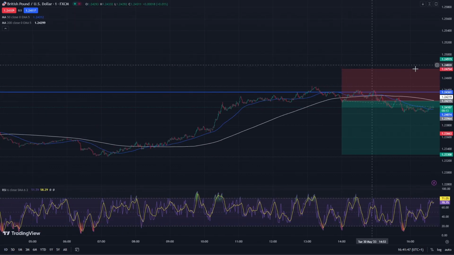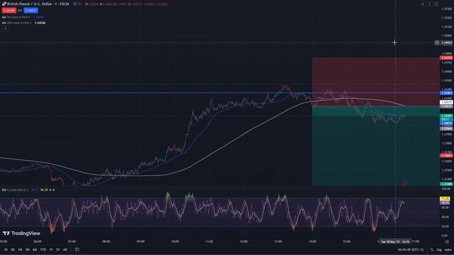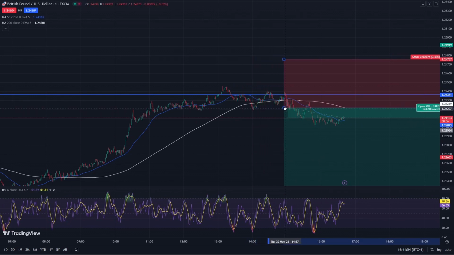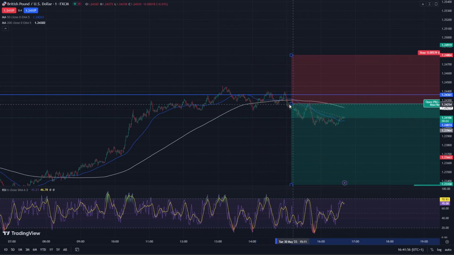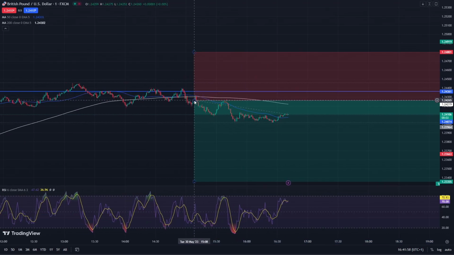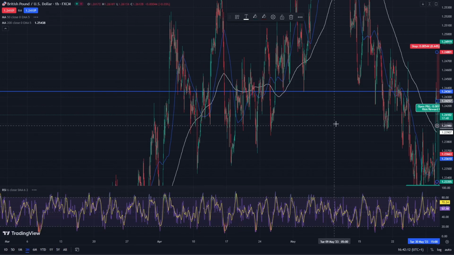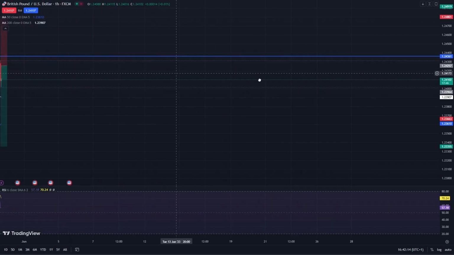After it crossed beneath the 1 minute moving average, around this area right here, I placed the trade after the rejection on the moving averages, and then we have the crossover, meaning that the mini charts are in a downtrend. So I placed my trade there, and let's go on to the hourly and see how that looks.